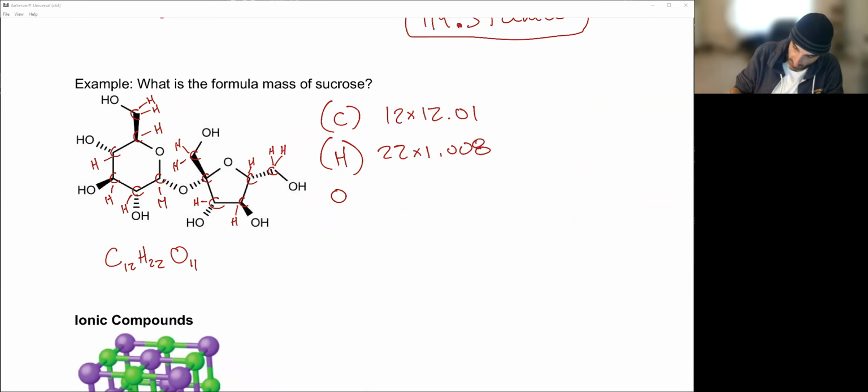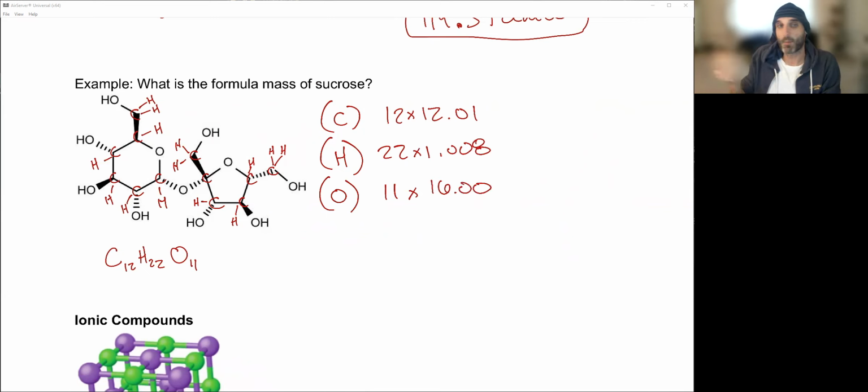And then finally, I only have oxygen as the additional, so 11 times, keeping it consistent, 16.0. By the way, on most periodic tables, oxygen's like 15.9994, so it's easy enough to do.